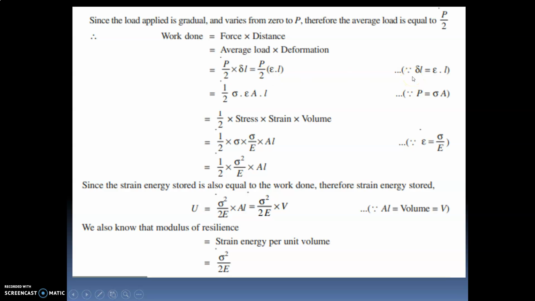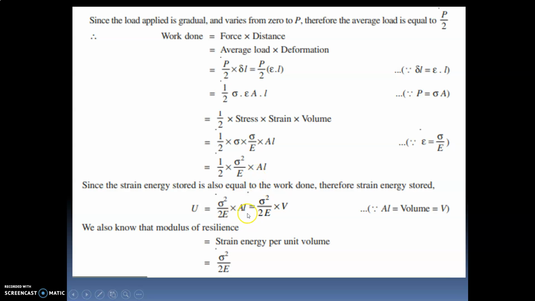We know that deformation is equal to strain into L, because strain is equal to change in the length divided by original length. So the deformation is equal to strain into L, that is E into L. Simplify this, you get half into sigma square divided by E into A into L. Since the strain energy stored is also equal to the work done, strain energy stored is given by U is equal to sigma square divided by 2E into AL.